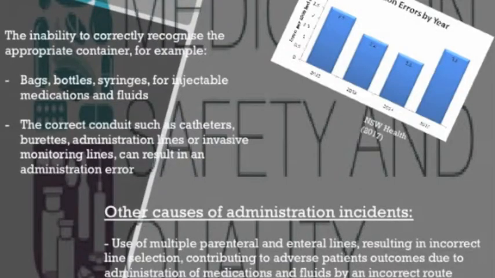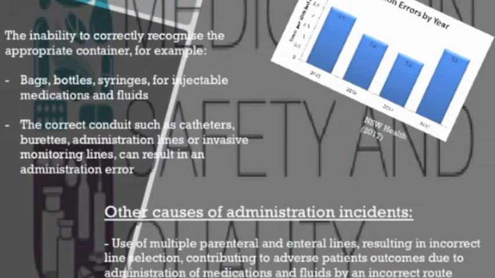The inability to correctly recognise the appropriate container, for example bags, bottles or syringes for injectable medications and fluids, or the correct conduit such as catheters, burettes, administration lines or invasive monitoring lines, can result in an administration error. Contributions to medication safety incidents have also been made through the use of multiple label design, colour, size and content, and also a lack of use of labels in certain circumstances.